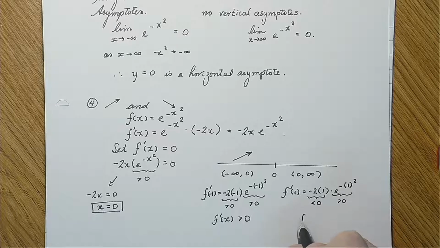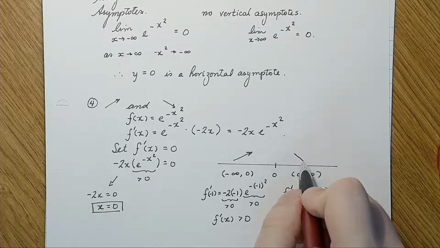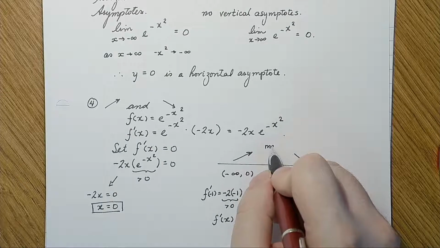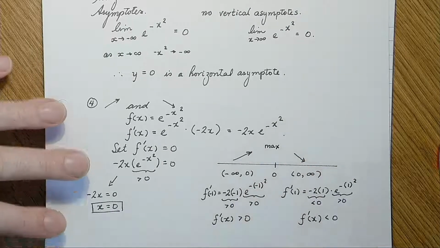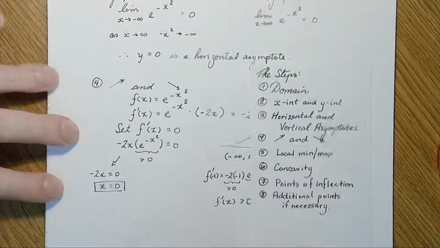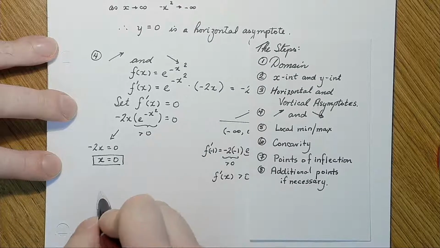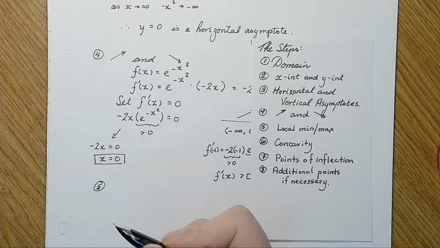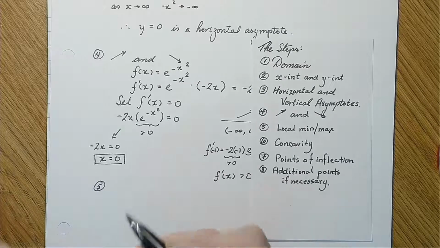So that means that this whole function on this part is less than 0, which means that it is decreasing. Which means then that at x equals 0, I have a max. So there is my fifth one. And in fact, I found the maximum for the entire domain, so I know that that's a global.